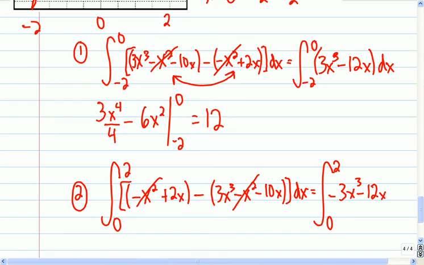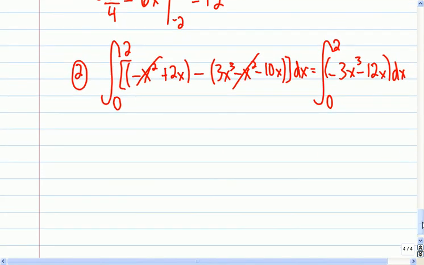And this is going to be the integral I take, which will be negative 3x to the 4 over 4 plus 6x squared from 0 to 2. And I believe it also is 12 when we put them together.